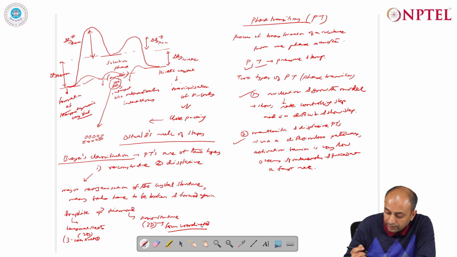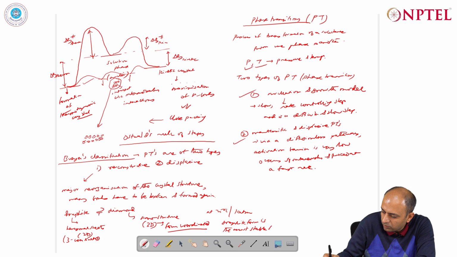And on the other hand, graphite is the most stable form of carbon at room temperature and pressure. We see that at 25 degrees centigrade and 1 atmospheric pressure, the graphite form is the most stable form, and the diamond is the kinetic phase.